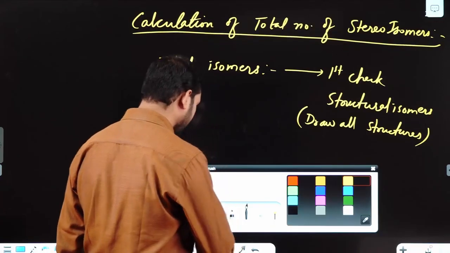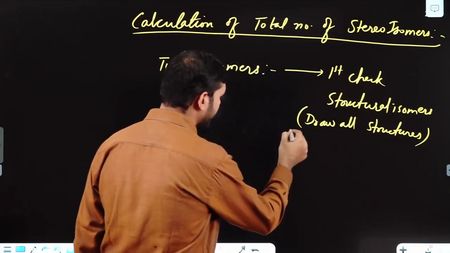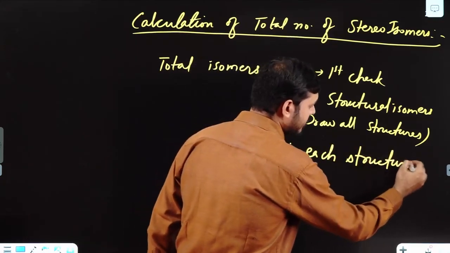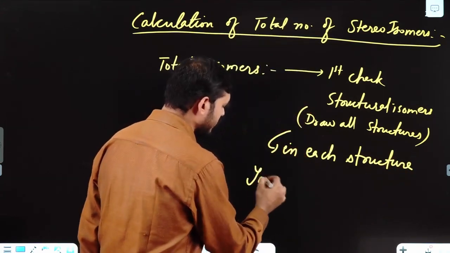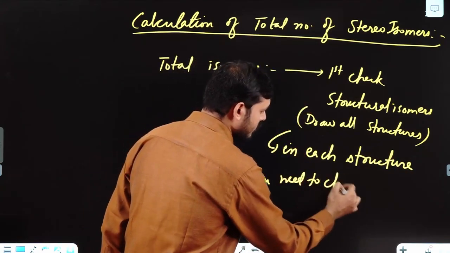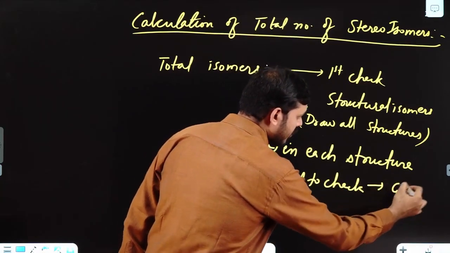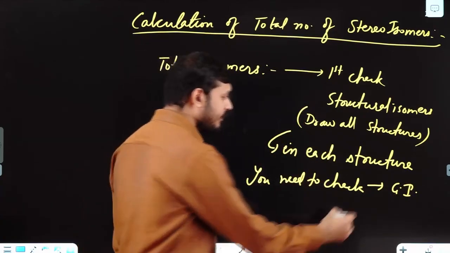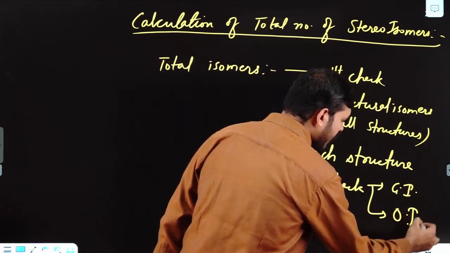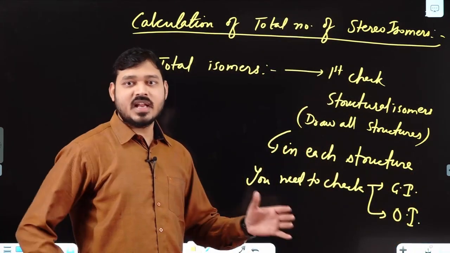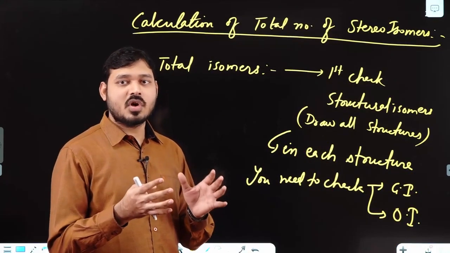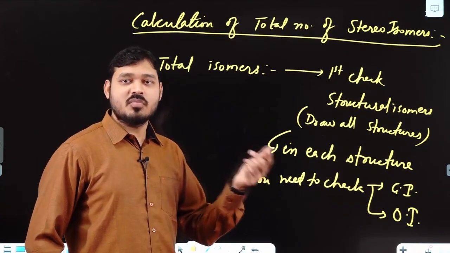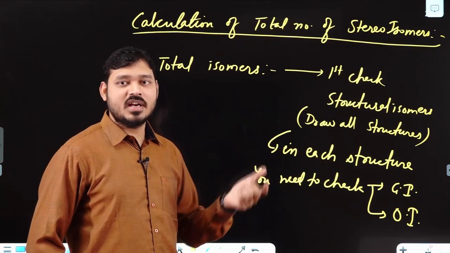Now in each structure you need to check the geometrical isomerism part, meaning whether it can show cis-trans or E-Z or syn-anti, and then check the optical isomerism part, meaning whether any part of the molecule can show optical activity, whether it has a chiral center, or no chiral center but a cumulene part or biphenyl part or alkylidene cycloalkane part.